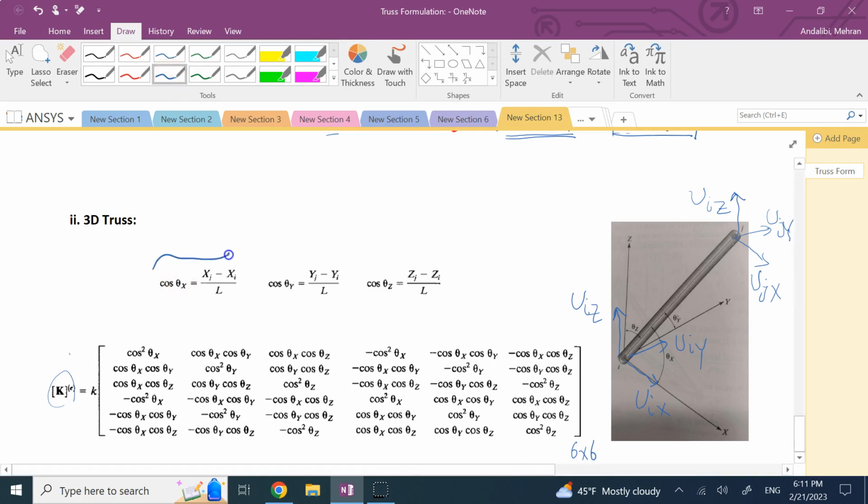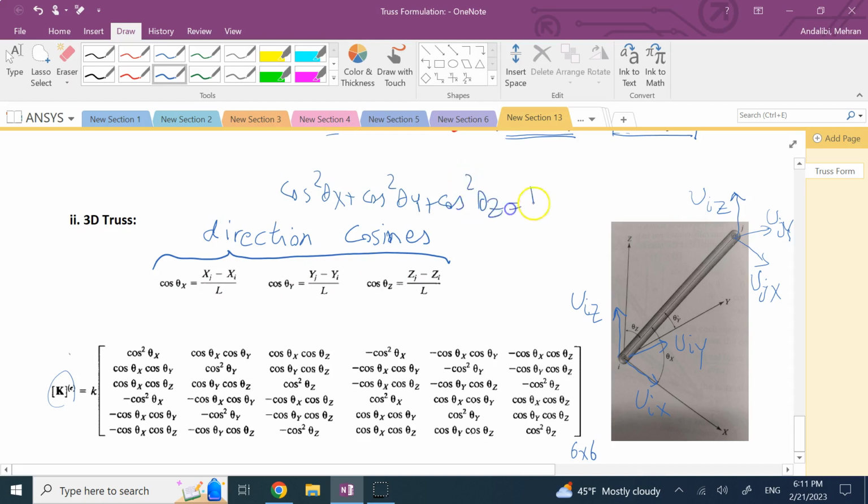By the way, you know their names from statics. We call them the direction cosines of the member. And you know that they are not all independent: cosine squared of theta x plus cosine squared of theta y plus cosine squared of theta z equals 1. So you only need 2 of them; you can always get the third one.